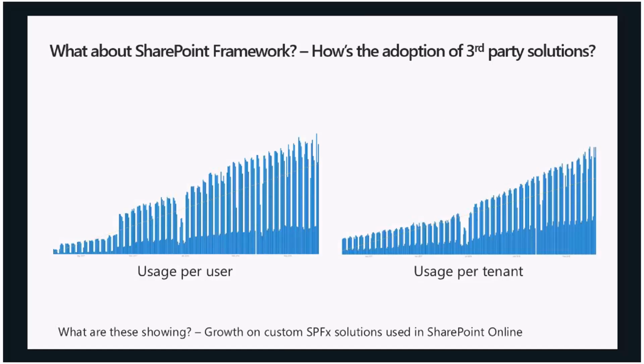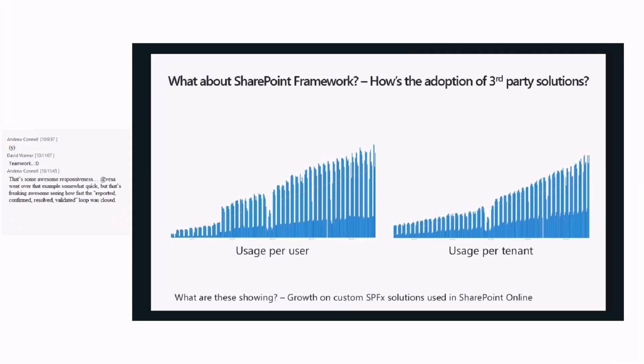And these charts are actually showing the adoption of the third party, so the amount of customizations being hosted in SharePoint Online based on usage, on a user basis or based on a tenant basis. You can actually see that the tenant usage is slightly more exponential than the usage based on a user, and that indicates that there are more people looking into doing development in SharePoint Framework.